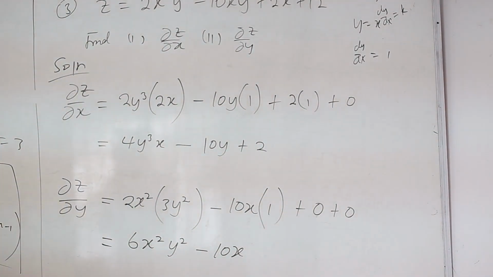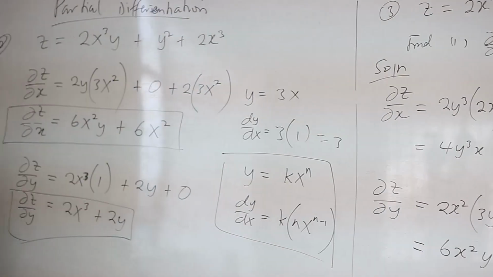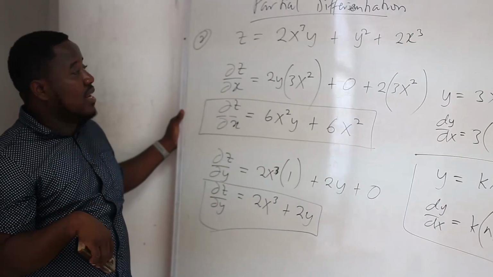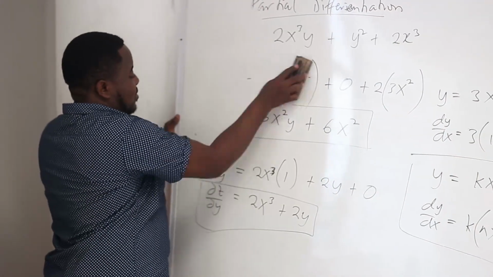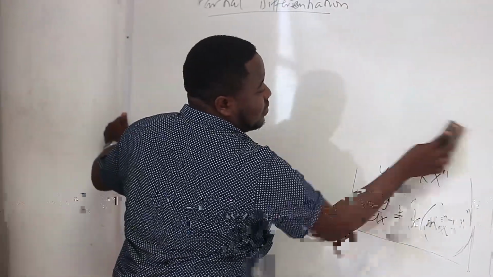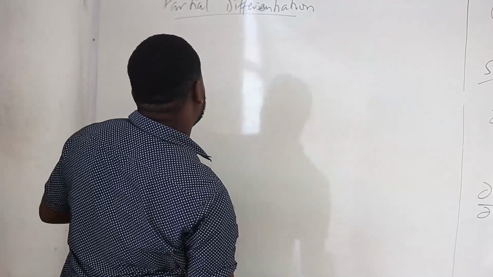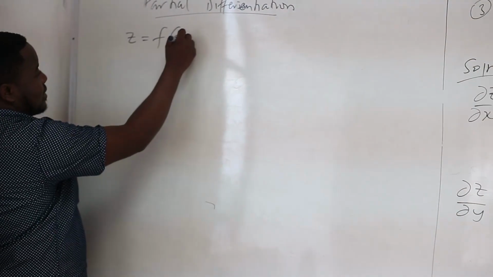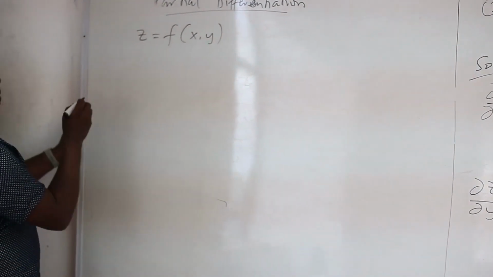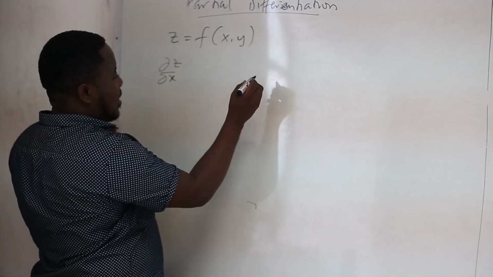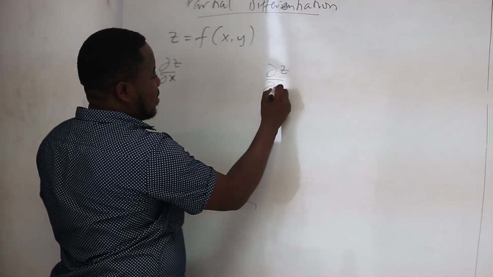Okay. So last week we did second order derivatives. So in this case too, you can find second order derivatives. So I said when we have z as a function of x and y, we can have dz dx, we can have dz dy.